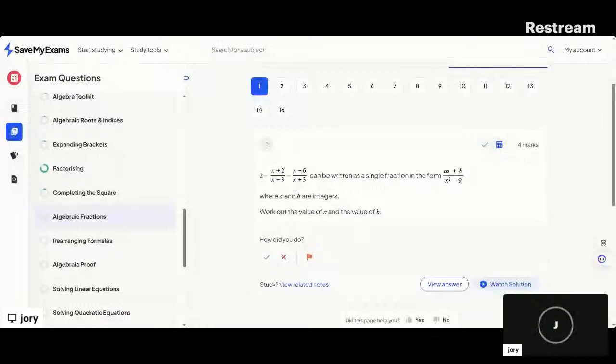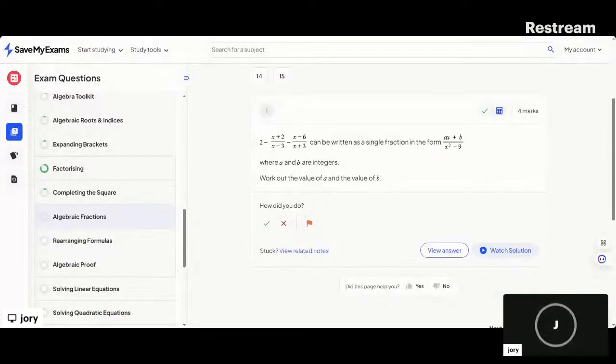Okay, so it's 2 minus, and then I'm going to have x plus 2 over x minus 3 times x plus 3 over x plus 3. And then minus x minus 6 over x plus 3 times x minus 3 over x minus 3.